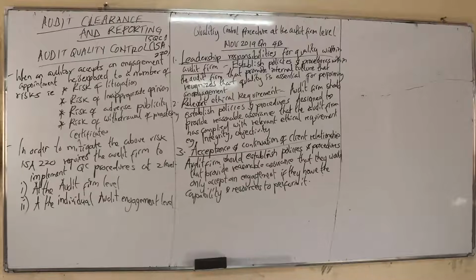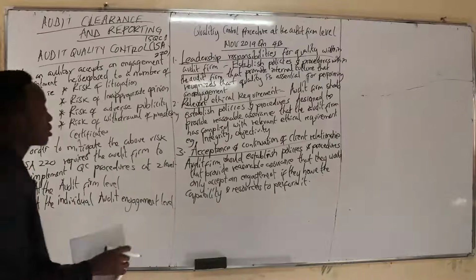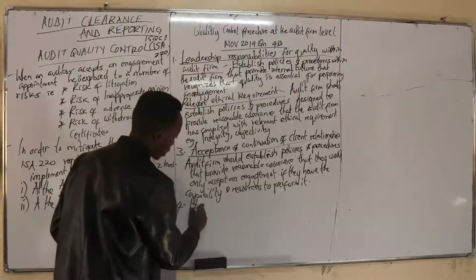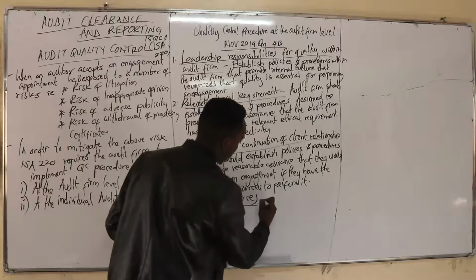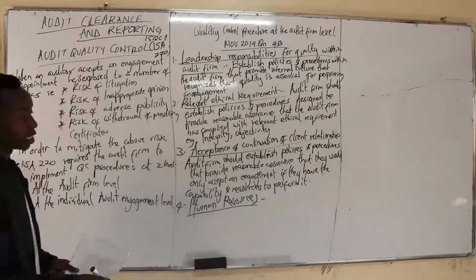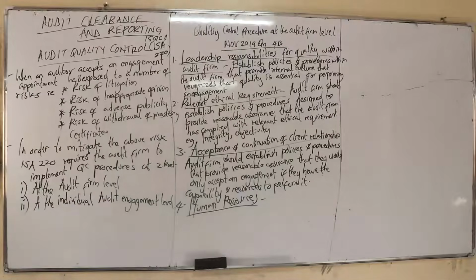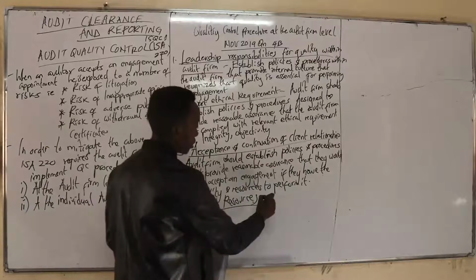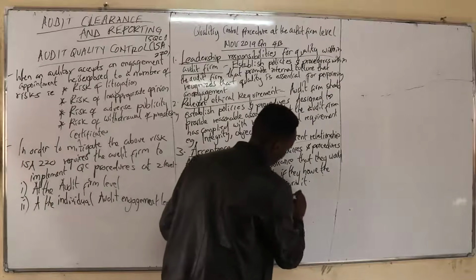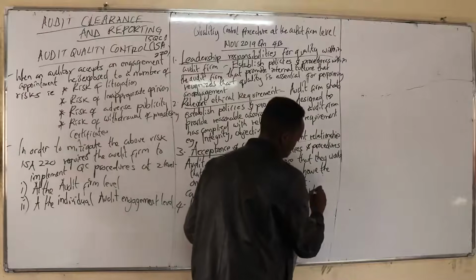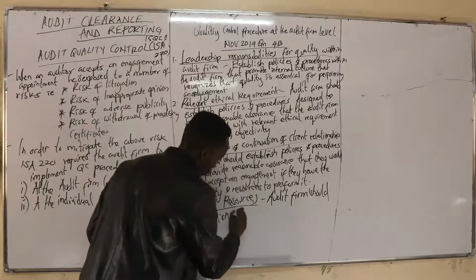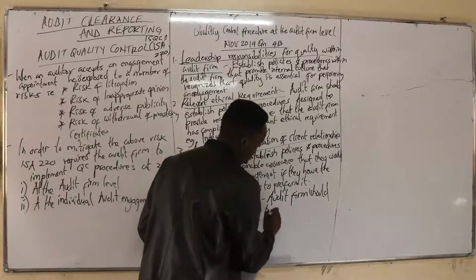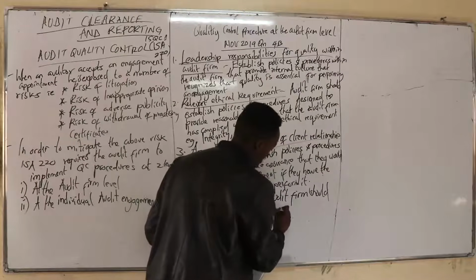And then also, they should come up with procedures to know that they have the required human resources, or enough and competent personnel, to undertake audit of these clients. So under human resources, the audit firm should establish policies and procedures.